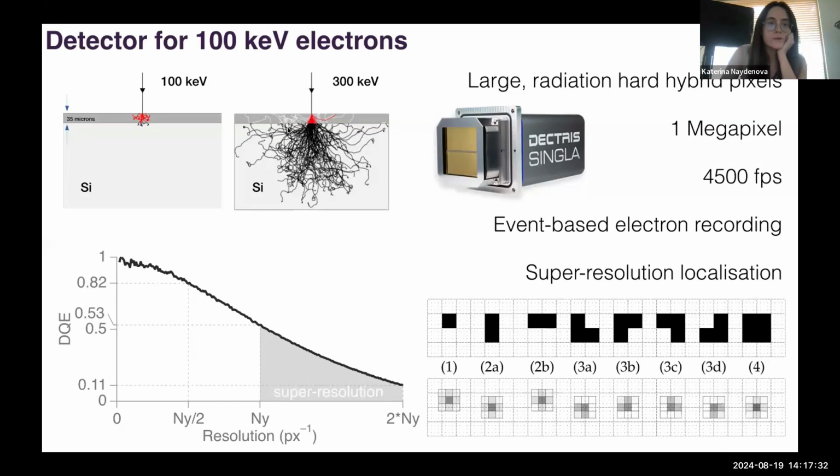So the spread is reduced because you're only scattering through a thin piece of material. However, if you wanted to apply the same trick for the 100 keV electron, you realize that this is not really going to work, because the 100 keV electron is going to scatter much more frequently in the material, and it's going to lose its energy much faster. So it's not going to make these long tracks. Instead, already within this thickness of around 30 microns, it's going to scatter multiple times and make quite spread out tracks.